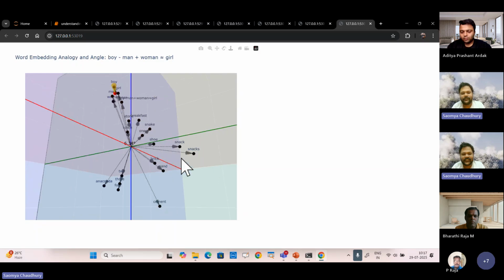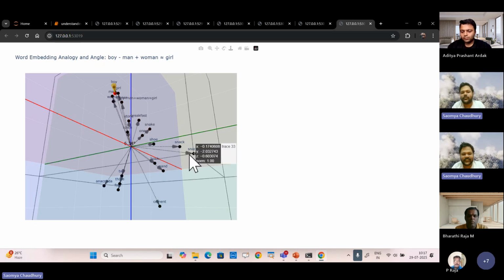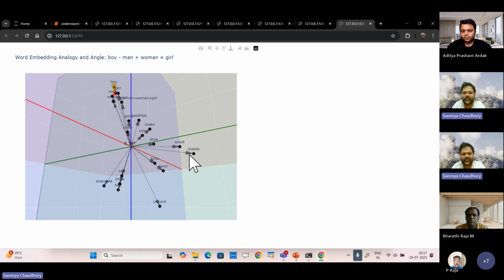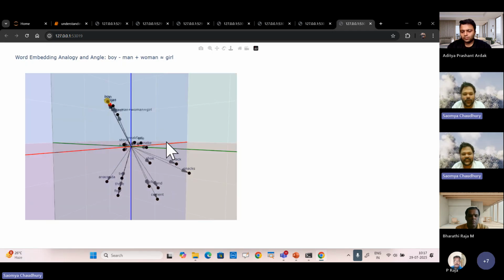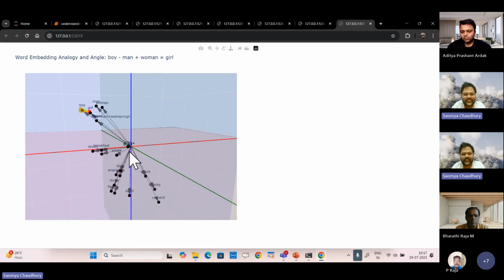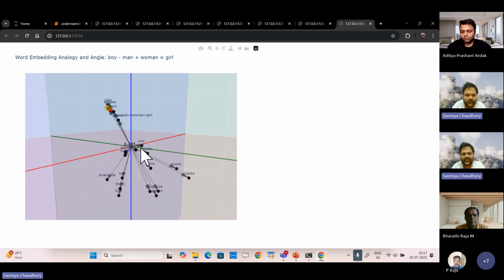You can see brick and sand are relatively close to each other. Snack and snacks, the plural forms, are also relatively close to each other. You can see the number one is far apart. Can you see this number one here? But 2, 3, 4 are in the same direction, because one can be used in different perspectives.